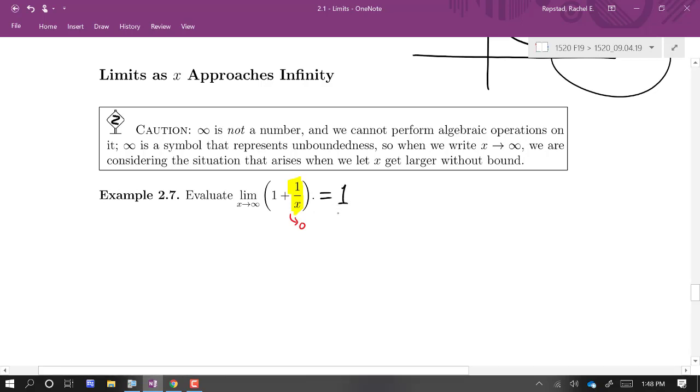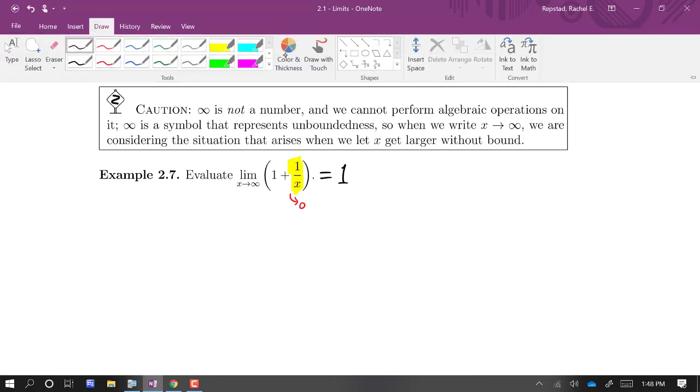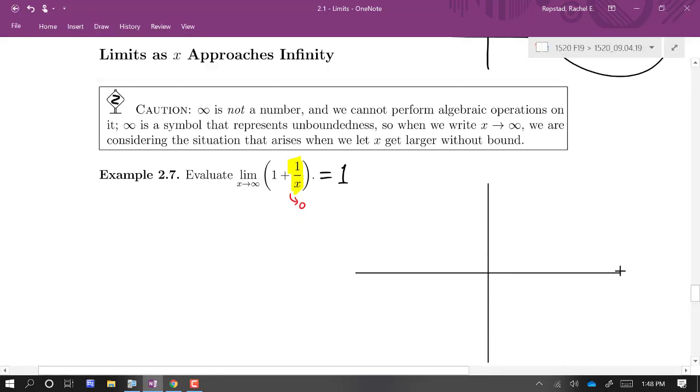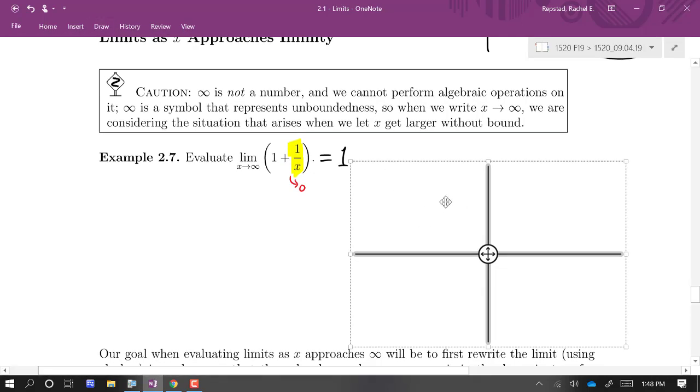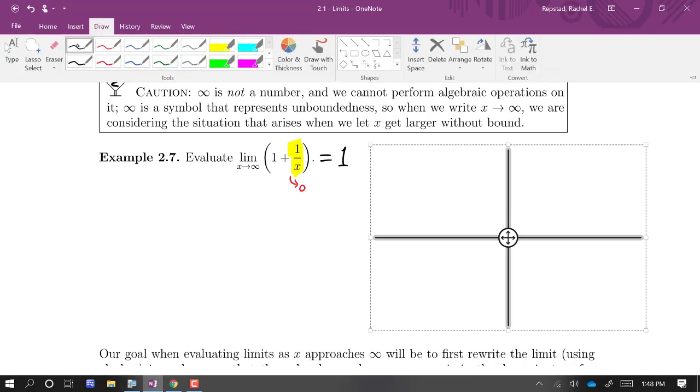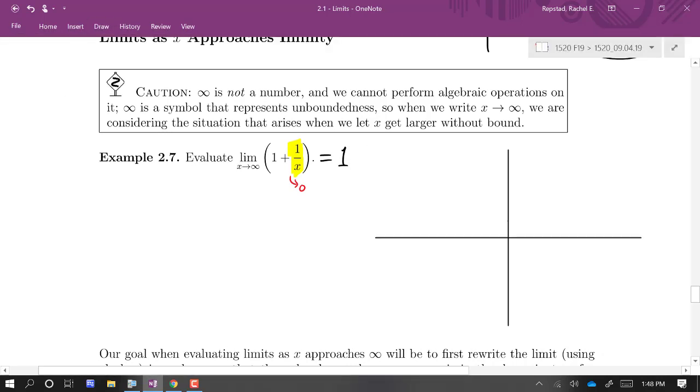And if you graph this function, and this is just the limit as x approaches positive infinity, we should mention. If it approaches negative infinity, it'll still approach 1. It'll just do so from below. But it's a good idea to think about that.